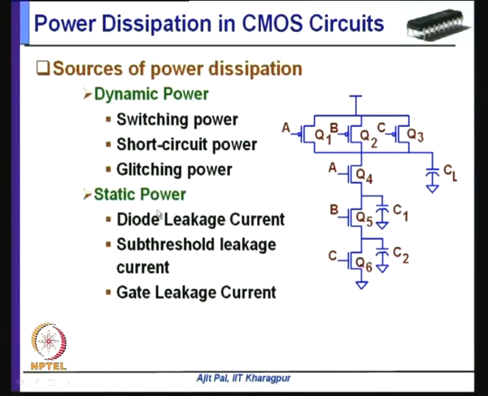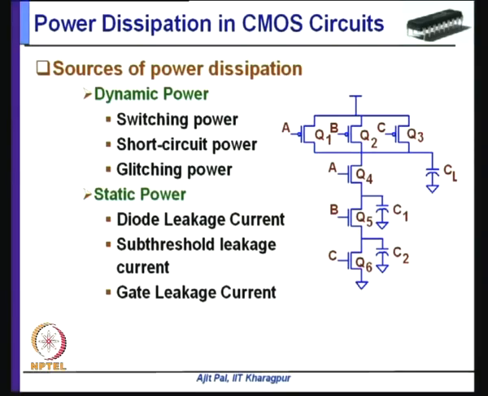Then there is static power dissipation when the circuit is in standby. Normally, as we know, we assume that when the circuit is in standby there is no power dissipation, but unfortunately that is not true in deep submicron circuits, because there is still power dissipation because of leakage currents. There are different types of leakage currents like diode leakage current, subthreshold leakage current and gate leakage current, which I have discussed in detail.